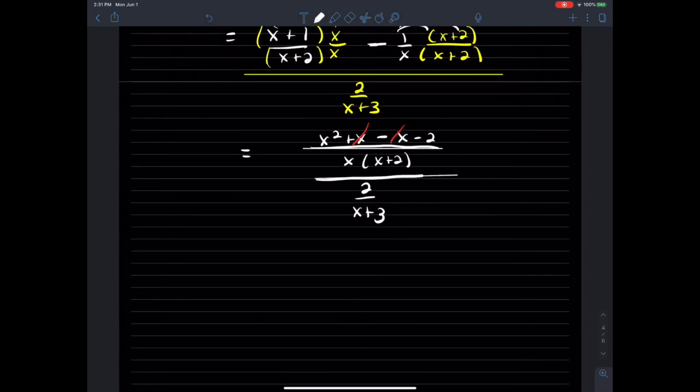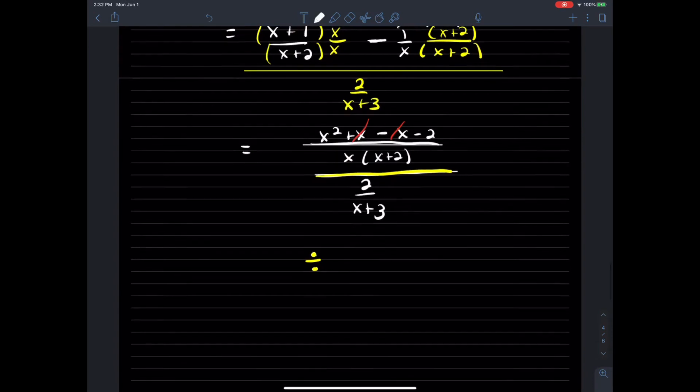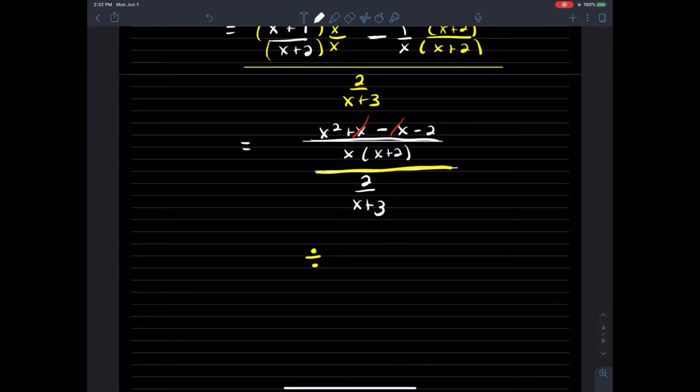Because we're going to turn this into a division, like so. Write what's in the front in the front. So in the front, it's x squared minus 2 all over x plus 2. And this is divided by 2 all over x plus 3.